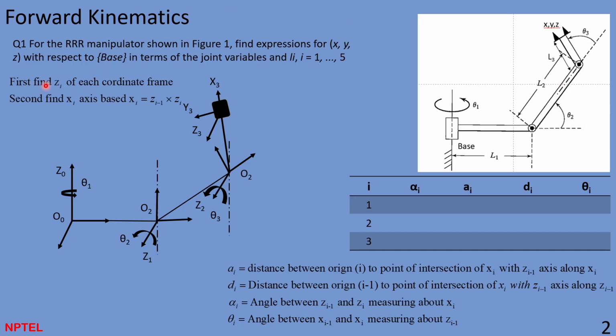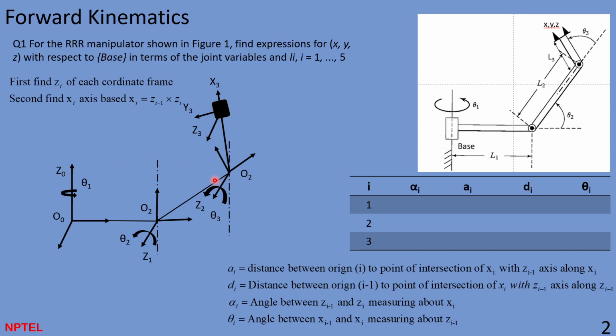First of all, we need to find zi for each coordinate. So for this one, let's say this is our base frame, so the axis will remain the same, our z naught.